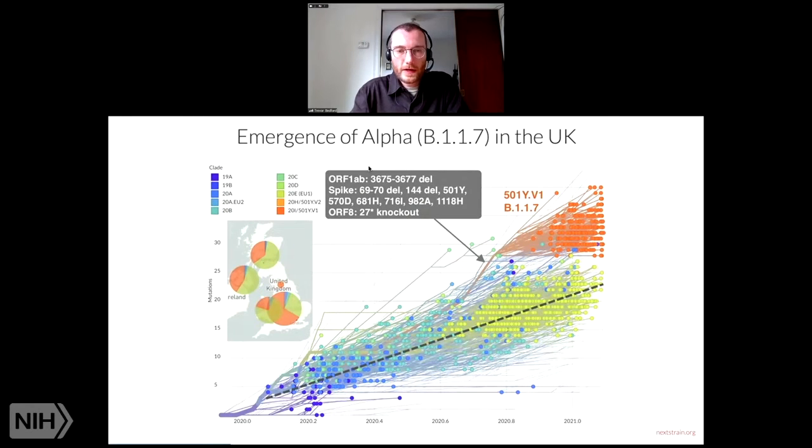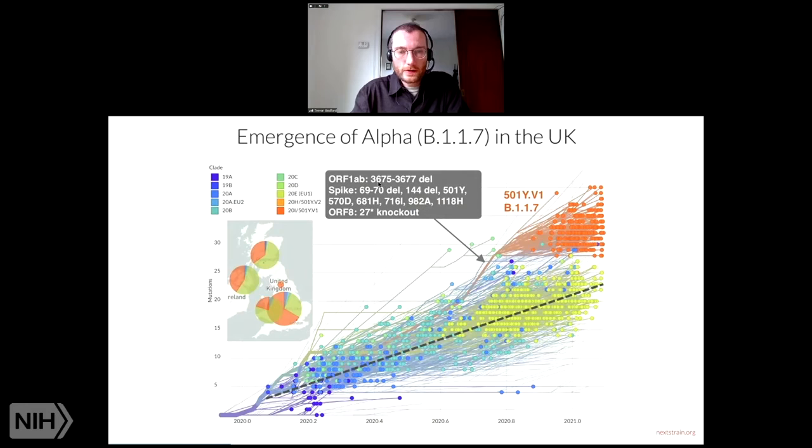So first, if we look at what happened here, if we look at alpha, or Pango lineage B.1.1.7, it emerges from the UK. It appears to have all of these mutations that crop up at basically the same time in fall 2020, and then it rapidly displaces what was there before.